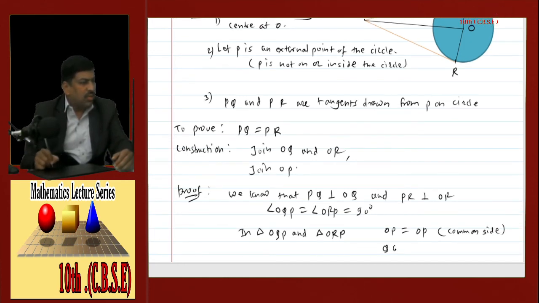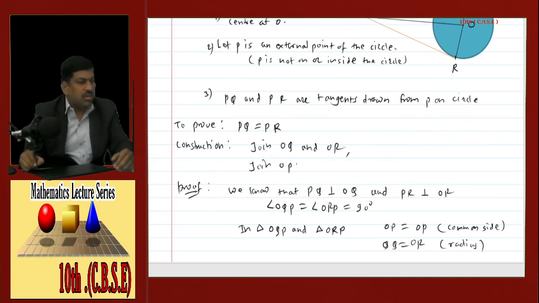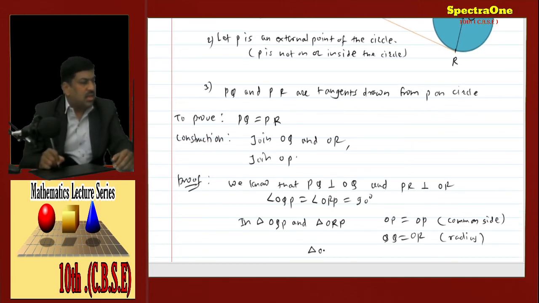Then OQ is equal to OR, since they are radii of the same circle. That means triangle OQP is congruent with triangle ORP.